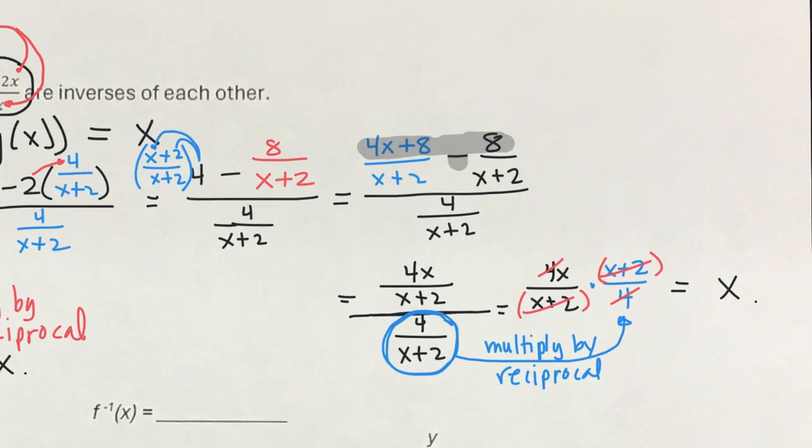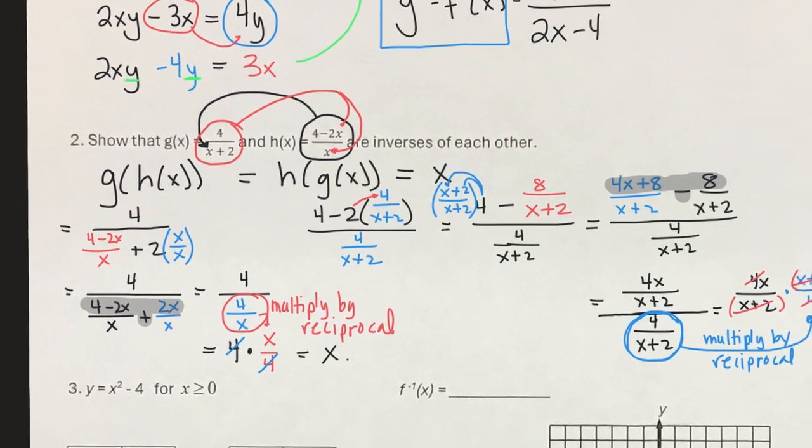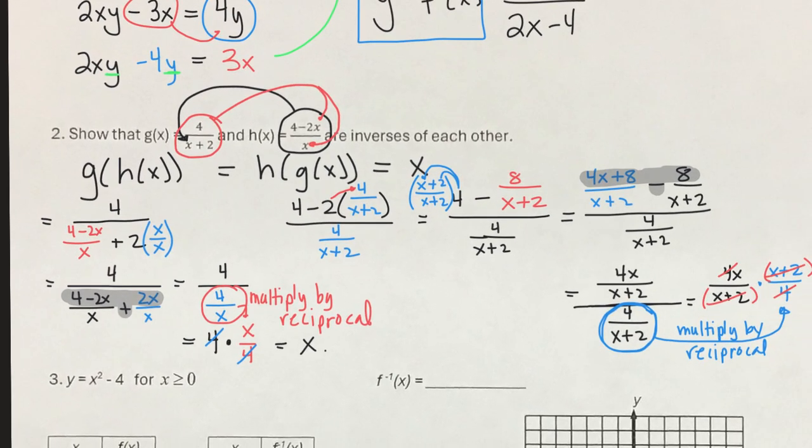Okay, so whenever we have these fractions as our beginning functions, there's a lot of algebra that is involved to show that they are inverses of each other. But the theory says if you compose them together, you should just get x as your answer. So at least we have an end goal of what our final product should look like.